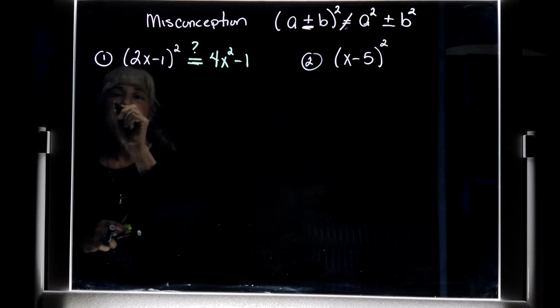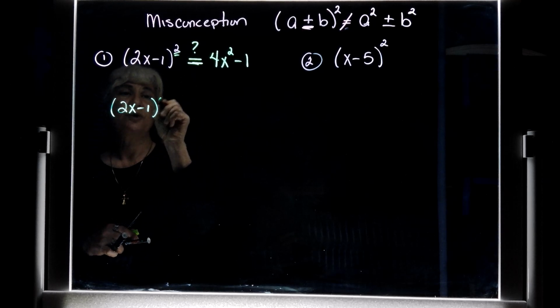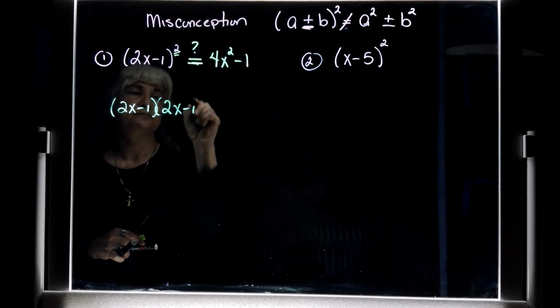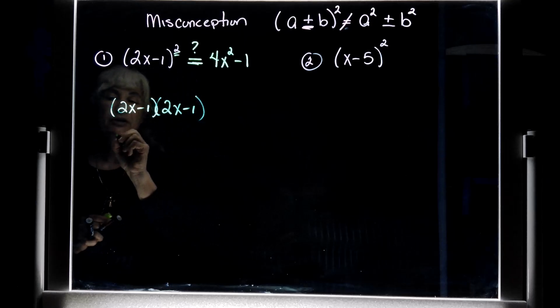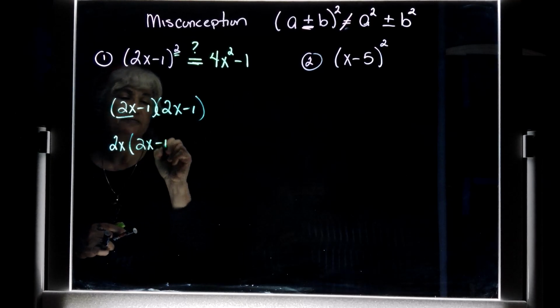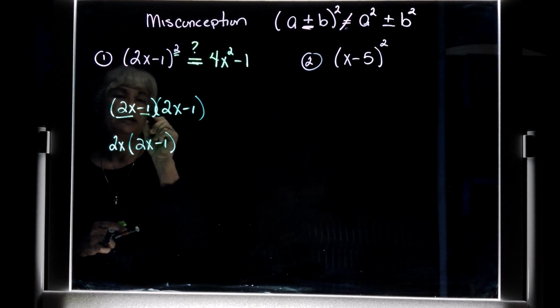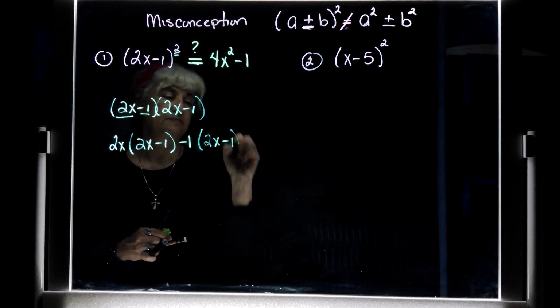So the long way is to take the base of 2x minus 1 and write it twice. Okay, ready? So remember, I call this a double distribution. I'm going to take the 2x and multiply by the second parenthesis. And then I'm going to take the minus 1 and multiply by the second parenthesis.